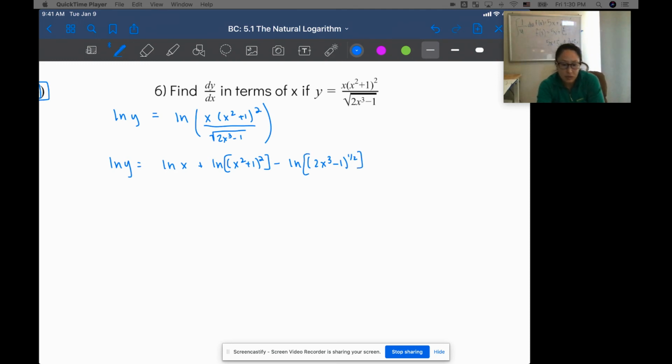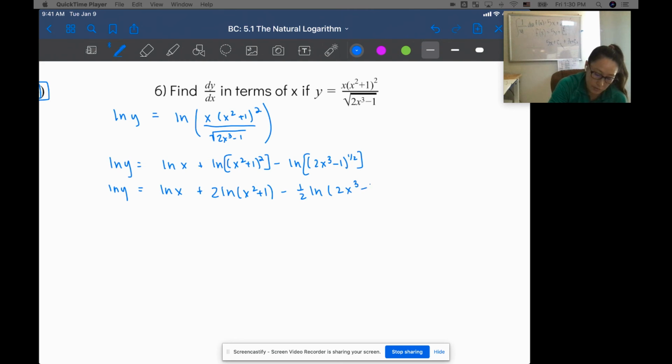So then apply the power rule. ln of y is equal to ln of x plus 2 ln of x squared plus 1 minus 1/2 ln of 2x cubed minus 1. I just taught this in pre-calc, and I just bragged to them how we use this to solve a problem. Properties of logs. You thought you'd never see them again.